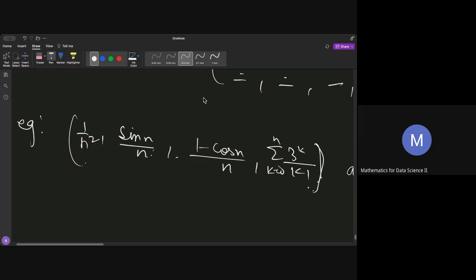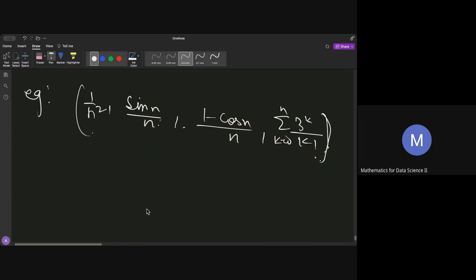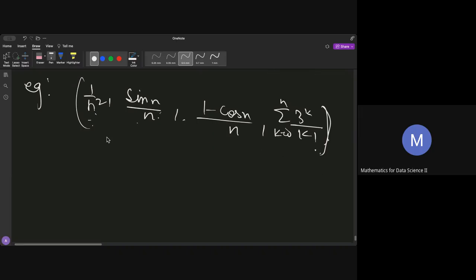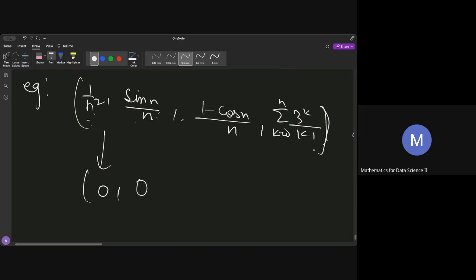And for me to be able to find the limit of this sequence, which is in R4, I should be able to find the individual limits, right? What's the limit of this thing? This goes to 0. When n tends to infinity, sine n by n tends to 0. When you don't say anything, I assume that you've understood this, or else I over explain things.